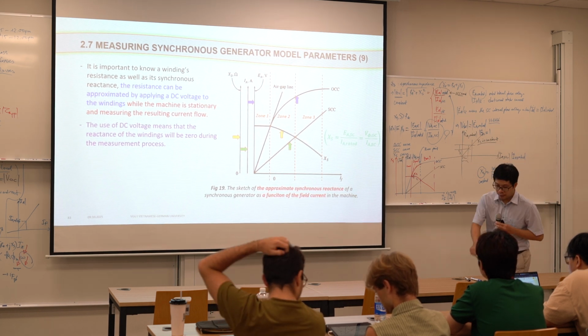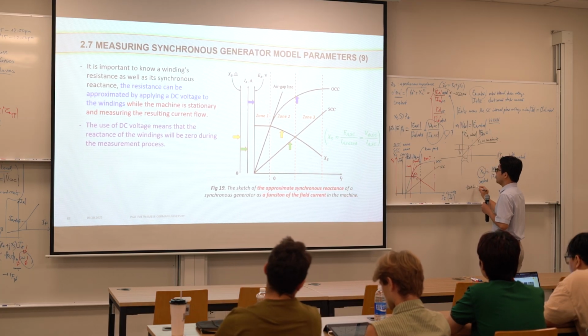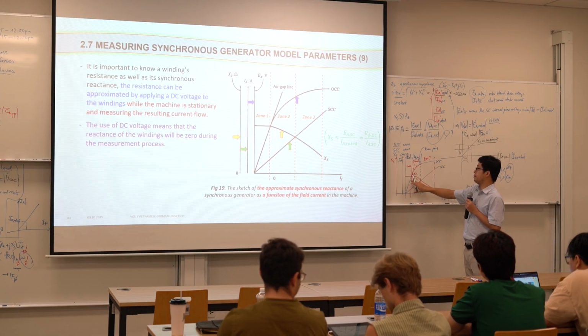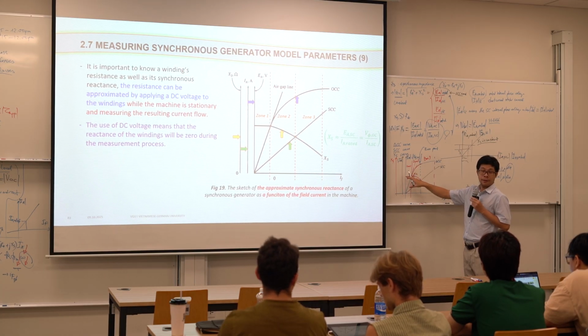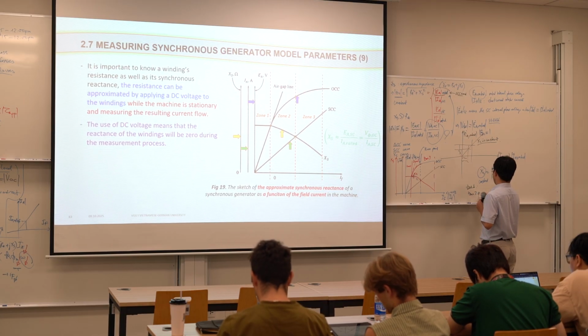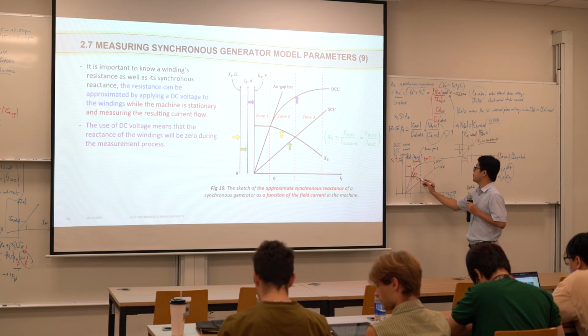So we have the observation. Zone 1 is very good because XS is constant. But for zone 2 and zone 3, be careful, because XS is variable.